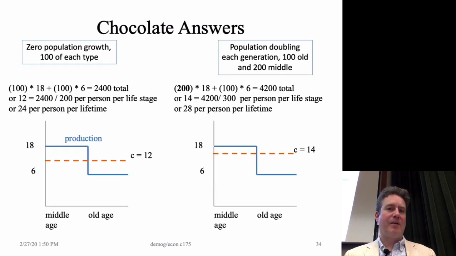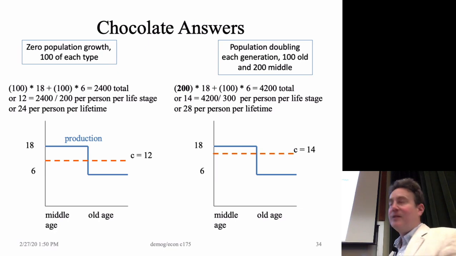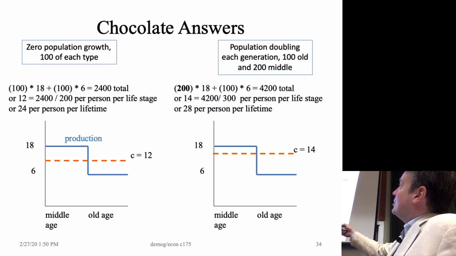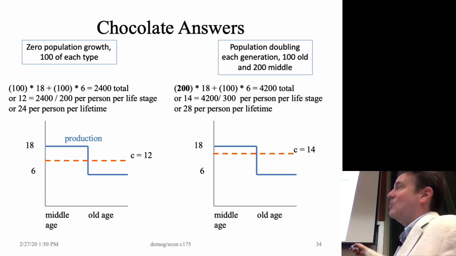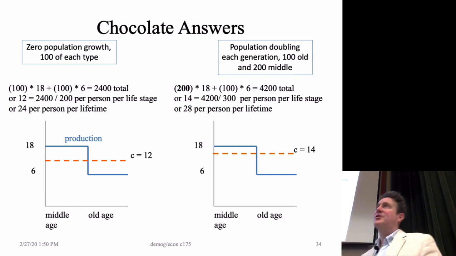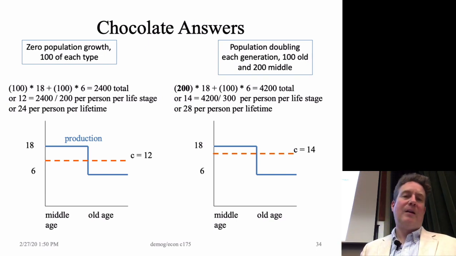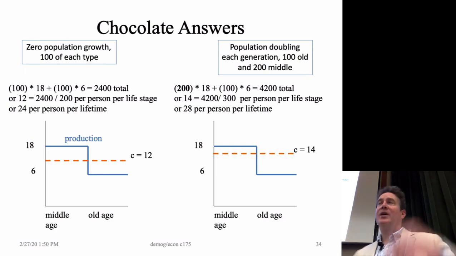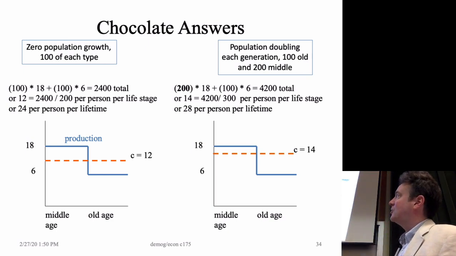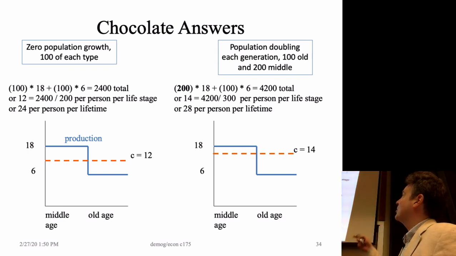And if you work out the math, the punchline then is in this world where you've got population doubling each generation, you've got a higher smoothed level of consumption for both of these birth cohorts, and in fact for everybody as long as this contract can be enforced. How does that work exactly? It's because each time a transfer needs to be made up the age range from working age to old folks, there are more working age people if you've got this kind of age structure with the population growth rate.